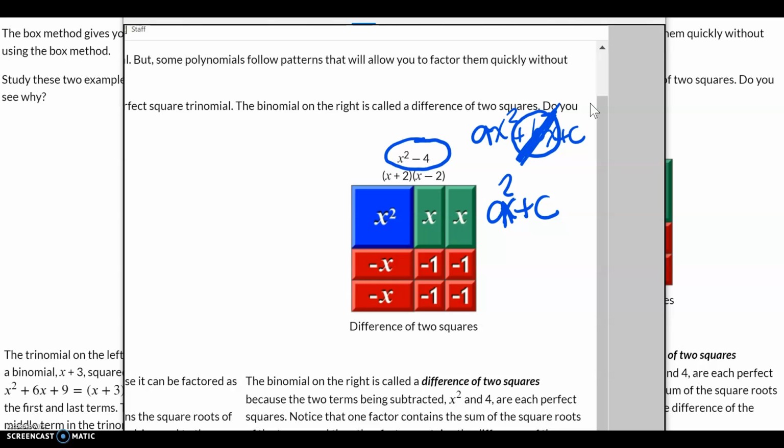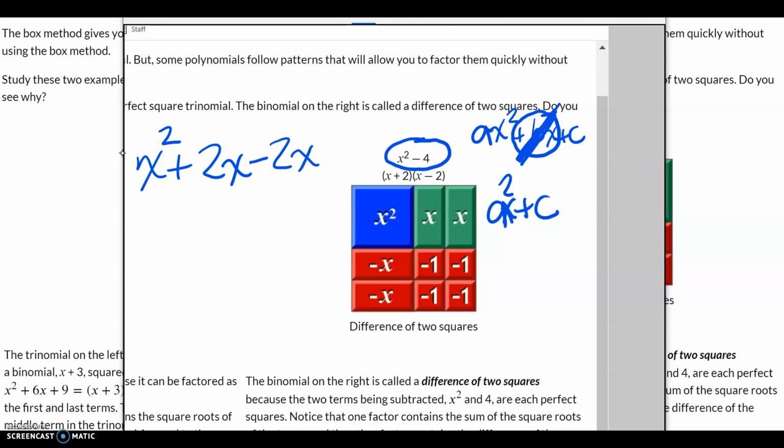All right, so we have the first 2 terms, x times x. So we'd have x squared plus the outers, so 2 times x, so plus 2x, plus the inners, or the opposite, so x and negative 2, so we have negative 2x.